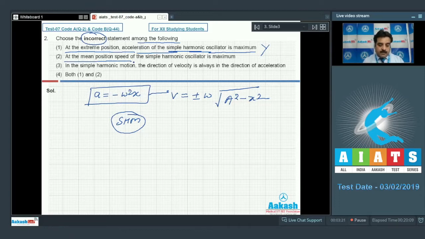At the mean position, speed of the simple harmonic oscillator is maximum, yes, true. In simple harmonic motion, the direction of velocity is always in the direction of acceleration, no, that is not true. So this is the incorrect statement. We can select option number 3, so 3rd will be the right choice. Let's move on to question number 3.